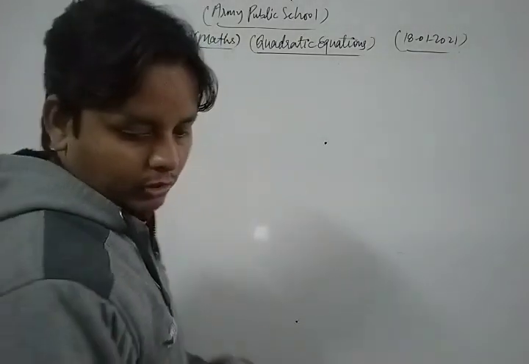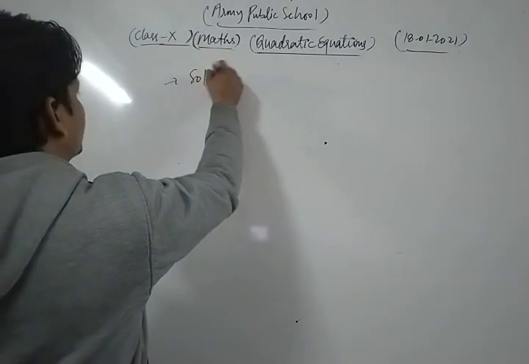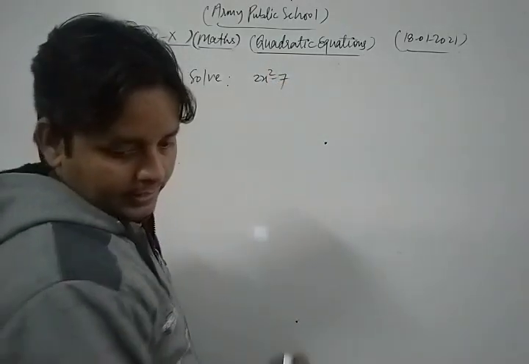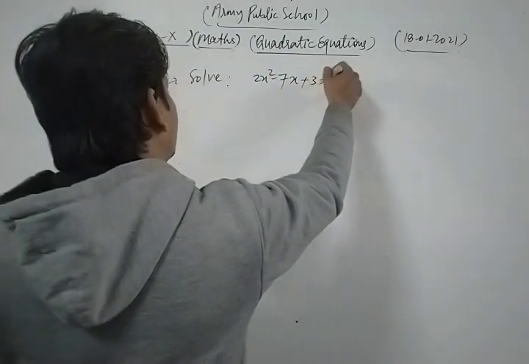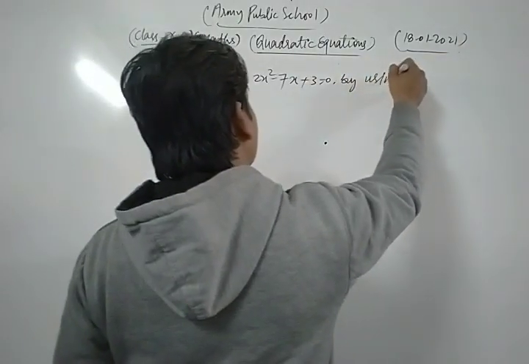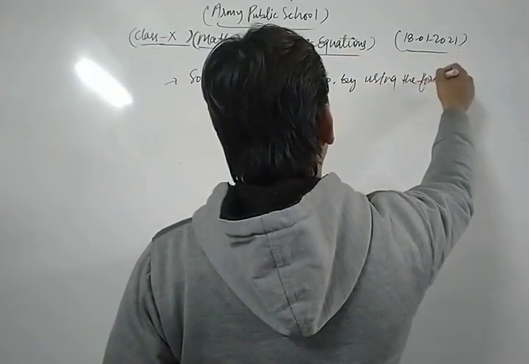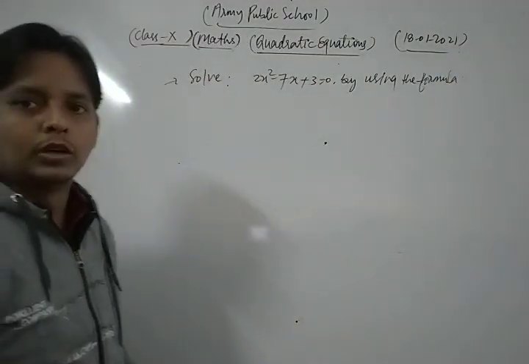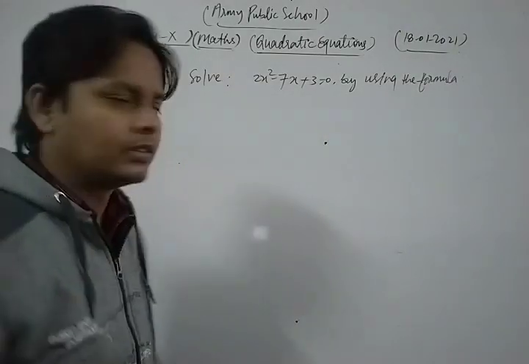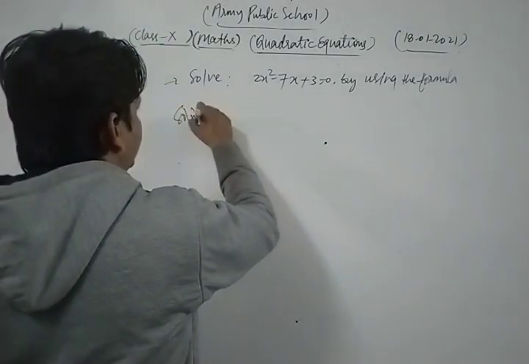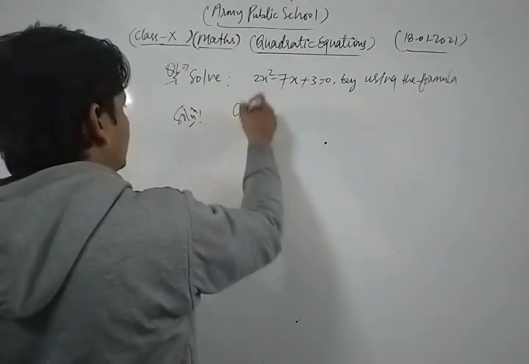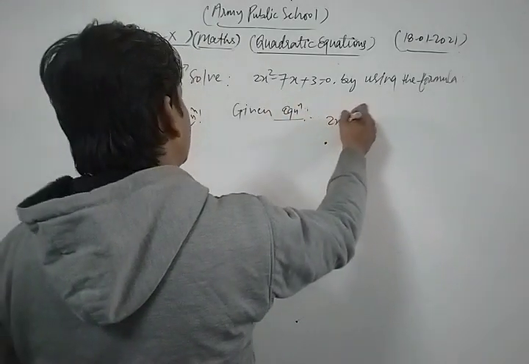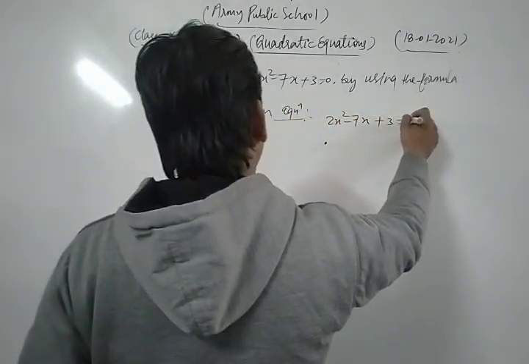Now let's solve 2x square minus 7x plus 3 is equal to 0 by using the formula. Okay, listeners, so let's see its solution. This is a very easy question. First of all, we write the given equation, that is 2x square minus 7x plus 3 is equal to 0.